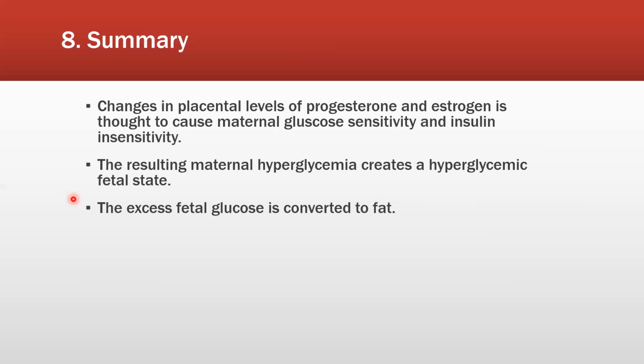As that fetus produces more insulin to try to normalize their glucose levels, that glucose is converted into fat in the fetus. And this can cause a very large fetal size, often having 12 to 14 pound babies at delivery.